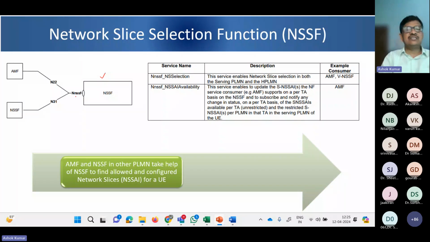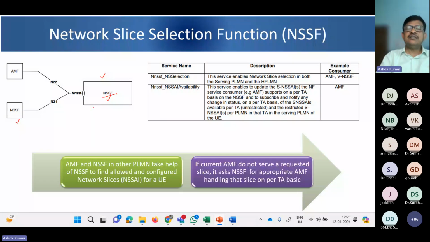Through this service, it takes the information, and this network function tells whether a particular UE is allowed or not. That information is coming from NSSF. Similarly, the visited network NSSF takes help of the home network NSSF for the same purpose.